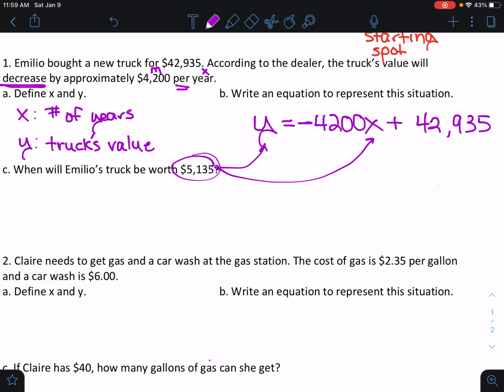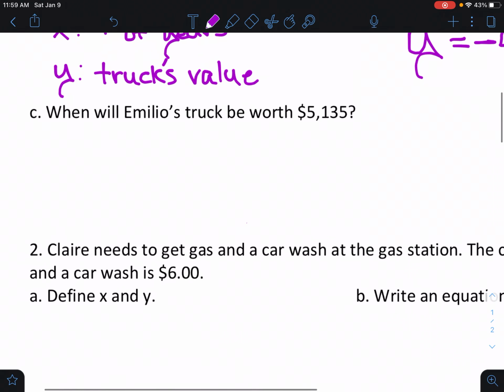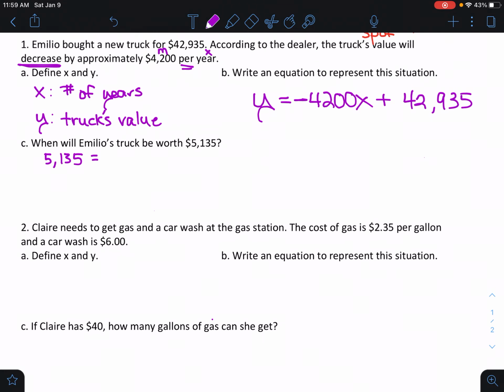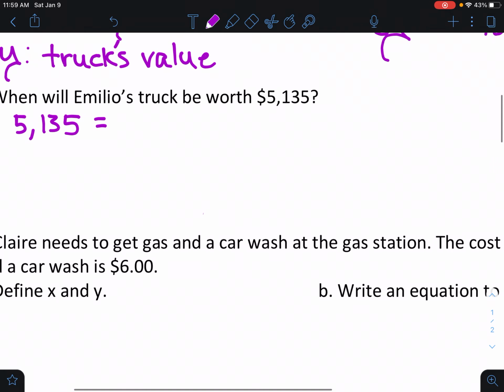That's the truck's value, so that's y. So we're going to plug in here for y and then solve. So I'm going to write 5,135 equals negative 4,200x plus 42,935.